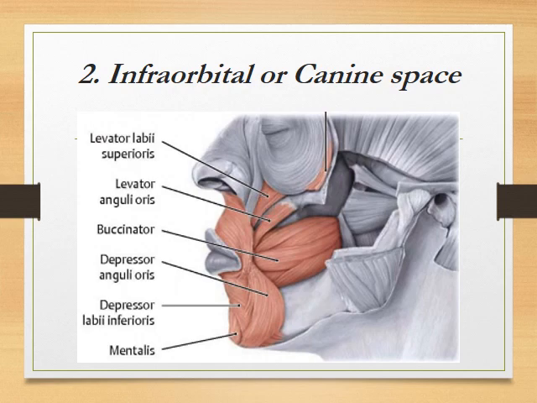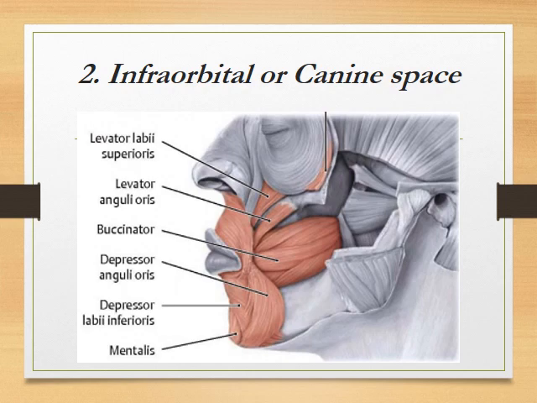What are the contents of this space? This space contains the angular artery and vein and the infraorbital nerve. So as we progress through the spaces, we will see vital structures involved. These vital structures may become injured if I don't take care during incision and drainage.